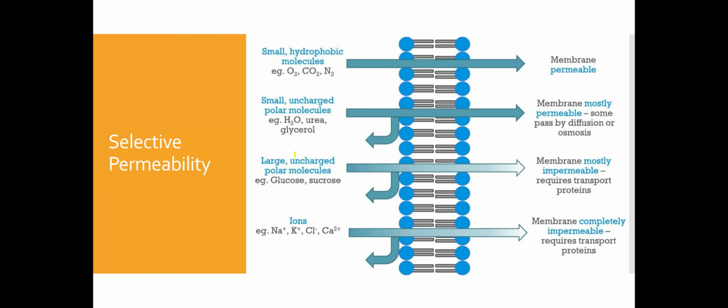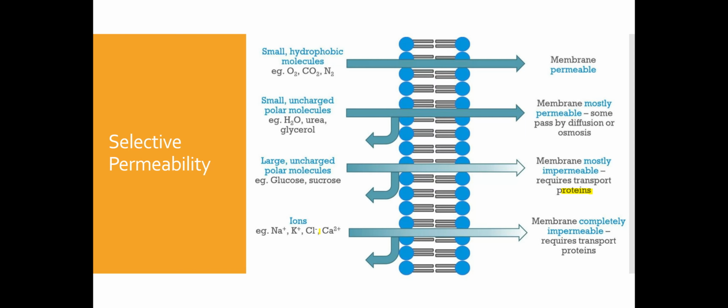And so here's just kind of an overview. If they're small and hydrophobic, notice they easily cross the membrane, because remember that they have to get through these tails, okay? If they're uncharged and polar, some of them can easily cross, some of them not so much. If they're large, typically, if they're going to cross, notice they have to have proteins. They can't do it by themselves.